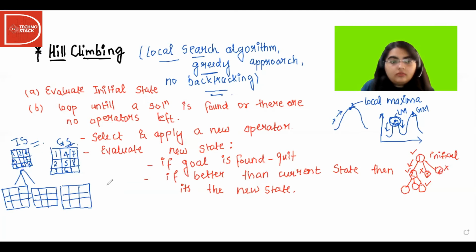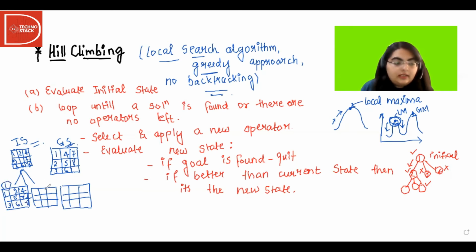There will be more, but I'll just take the 3 for example. Now let's say that I want this empty space over here, right? So for the first step, I'll move this empty space towards the left hand side. So 1, 2, 4, 5, 7, 3, 6, 8. This is our first step.